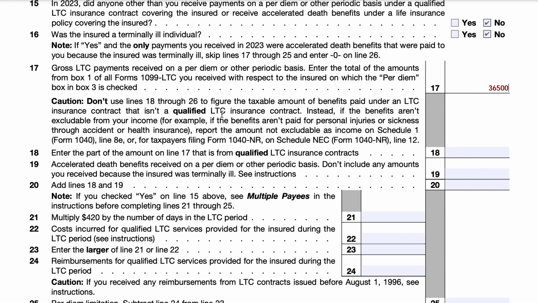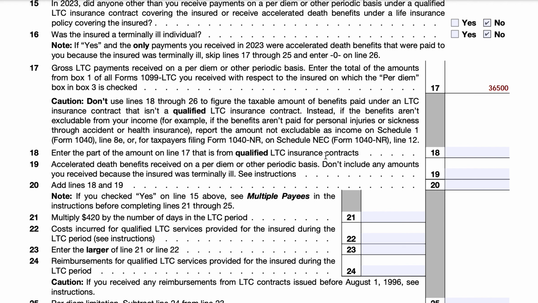So don't use lines 18 through 26 to determine the taxable amount of benefits under an LTC contract that isn't a qualified one. If the benefits are not excludable from your income, then you would report the amount as income on Schedule 1, Line 8E, or Schedule NEC for people that are filing Form 1040-NR.